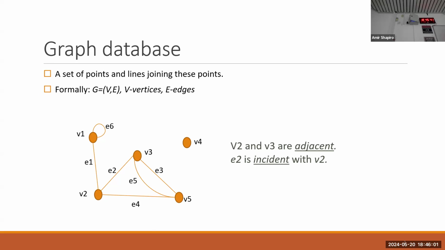A graph is a set of vertices and edges. This is the database. And just a notion: V2 and V3 are adjacent because they have an edge connecting them, and edge 2 is incident with vertex 2. So this is just the notion.